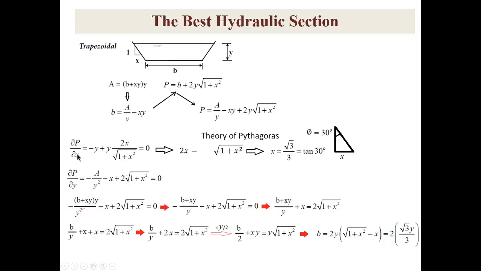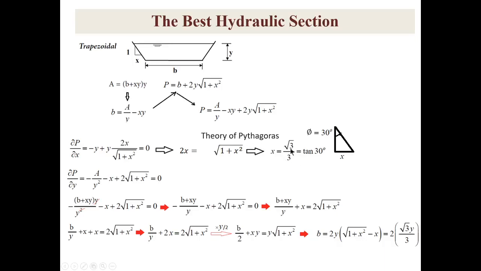Based on this derivation, the differentiation of the weighted parameter with respect to the x gives us the value of x equals 1 by root 3 or root 3 over 3.